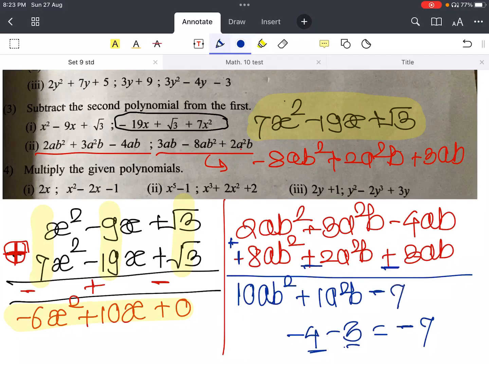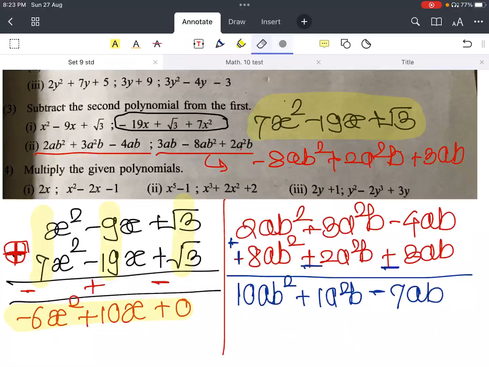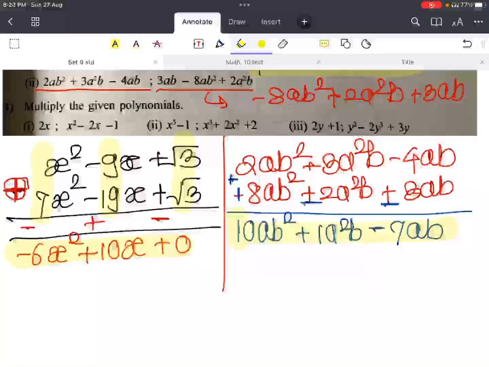Therefore minus 7ab. Clear? So for this question, this is your answer: 10ab square plus 1 a square b minus 7ab. Clear? ये हो गया आपका answer. This is the answer for question number 2.